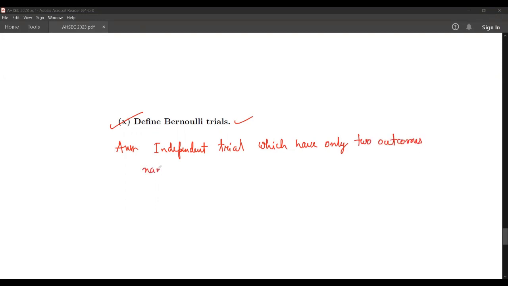Namely, one we call success, and the other one we call failure. So this is our Bernoulli trial.